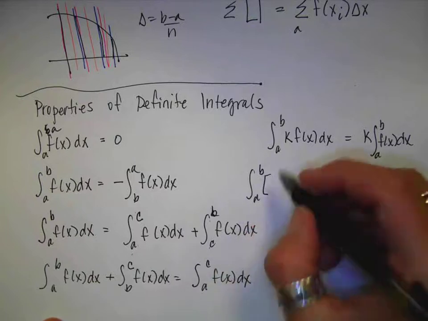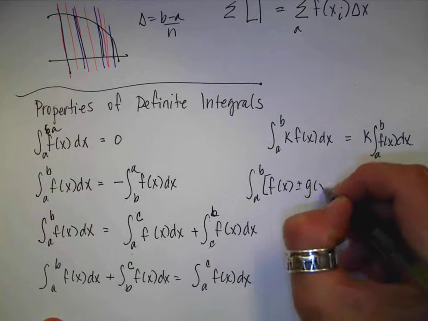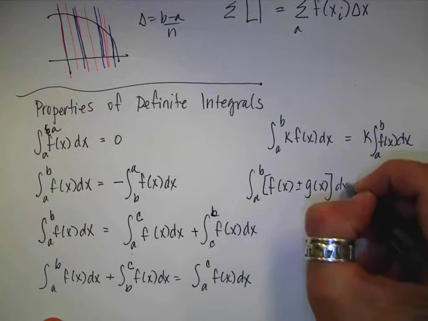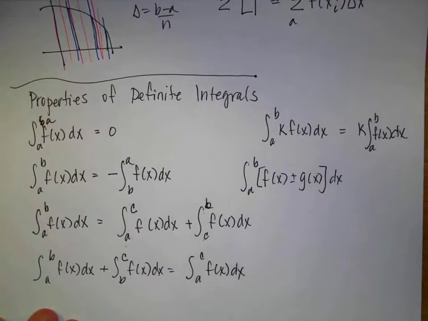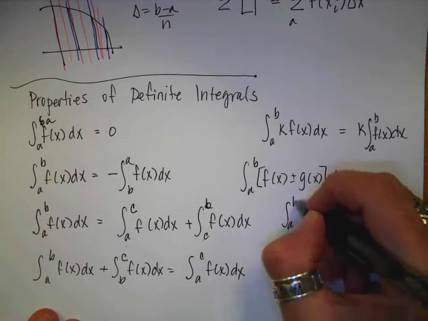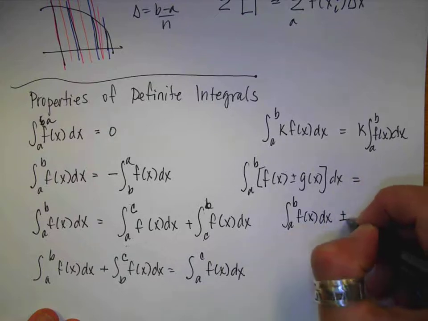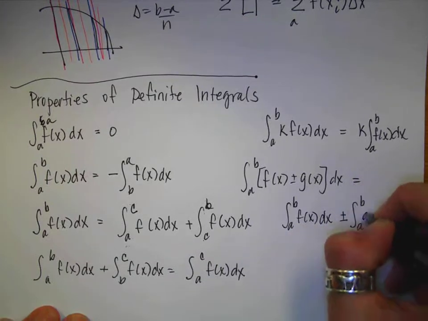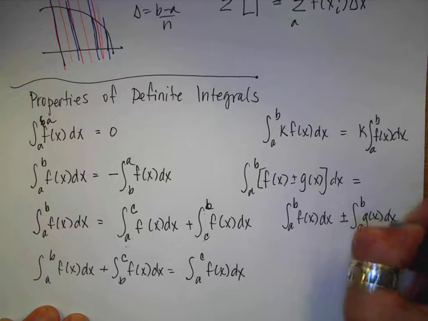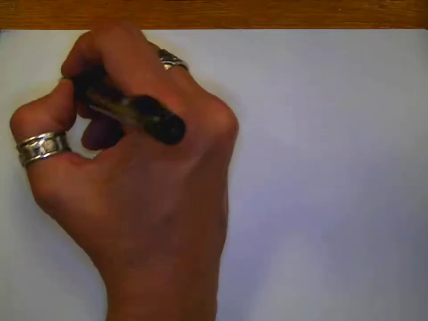The last property that we have, and remember you really need to use your parentheses because you get dinged for your notation, is if I have two functions added together, dx, and I'm integrating from a to b, then I can split that up to be the integral from a to b of f of x dx plus or minus the integral from a to b of g of x dx. So sometimes I can split things up and that works very nicely.